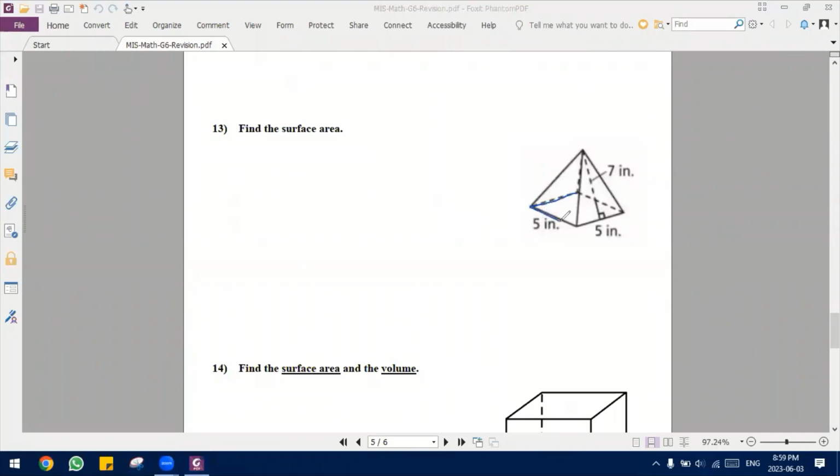I have the base, which is a square. If the base is a square that has 4 sides, it means from each side, I will have a triangle. So 1 triangle, 2 triangles, 3 triangles, and 4 triangles. From each side, I have a triangle. So I have 4 triangles, and then the base is a square. So in total, I have 5 faces.